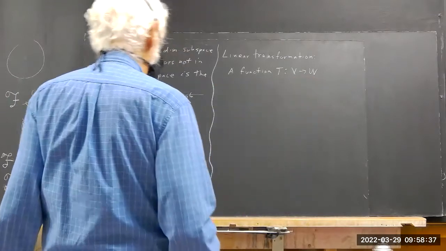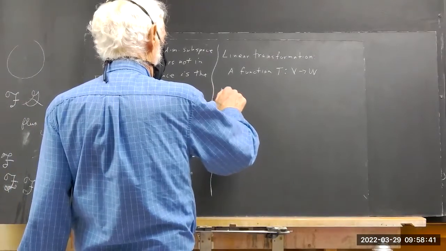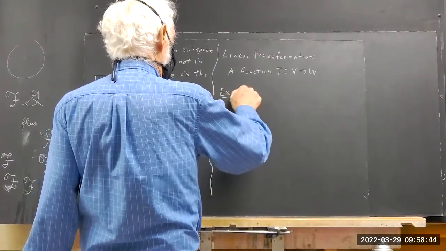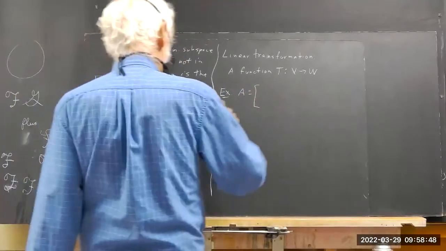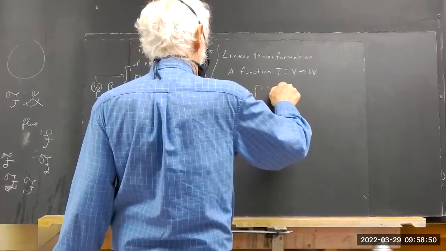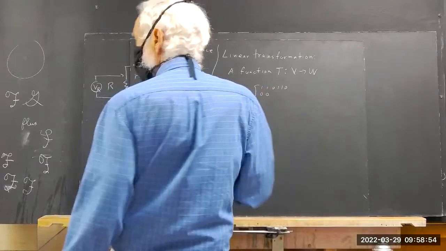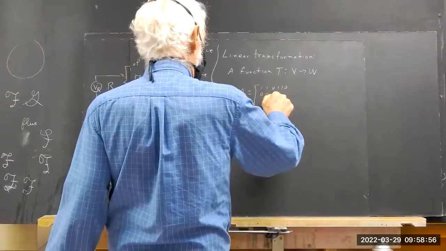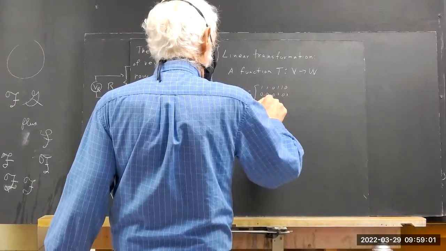So the matrix 1, 1, 0, 1, 0, zero, zero, zero, one, and then 1, 0, 1.